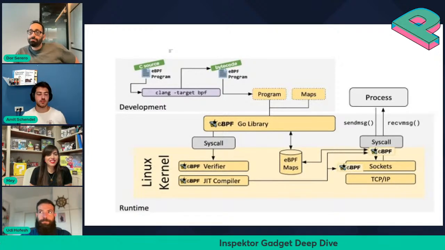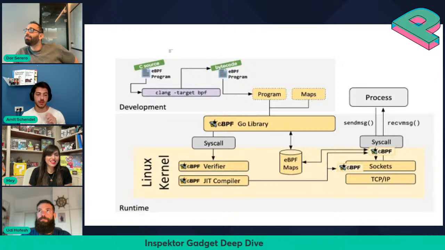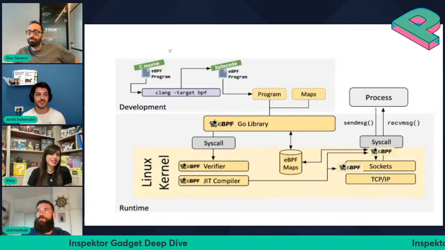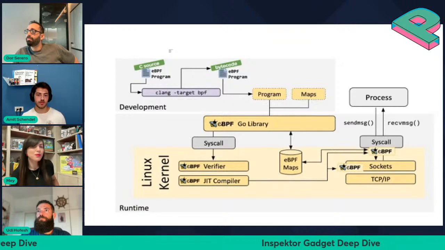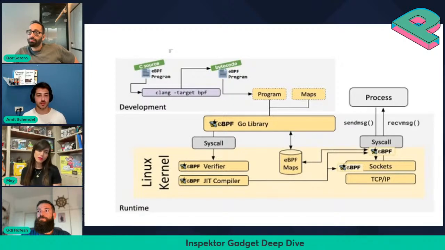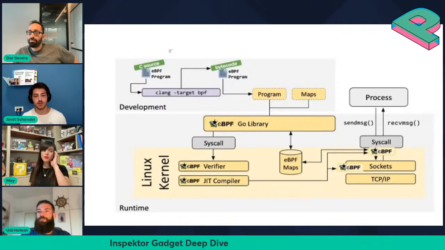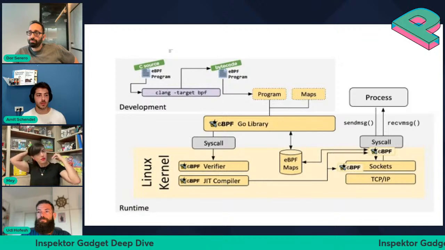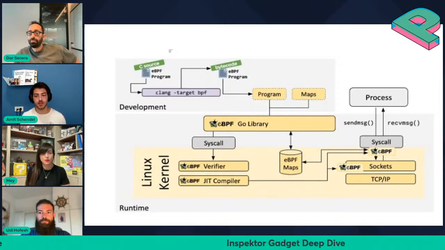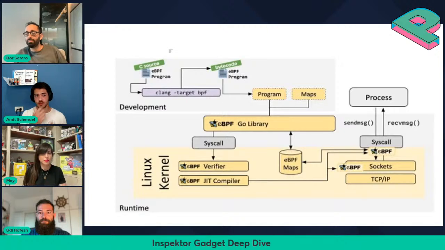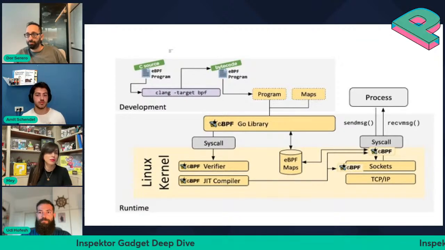So let's finish the introduction to eBPF with one last thing we need to be familiar with before jumping into Inspektor Gadget. In eBPF, there is an important component called maps. Maps are basically global kernel objects that your eBPF program can use. They're important mainly for two reasons.